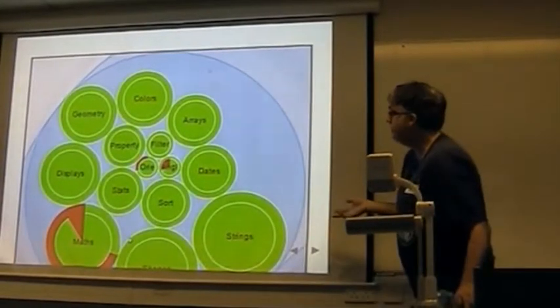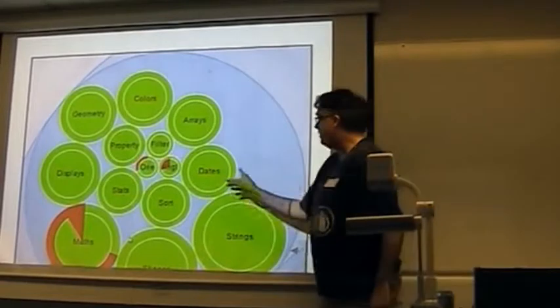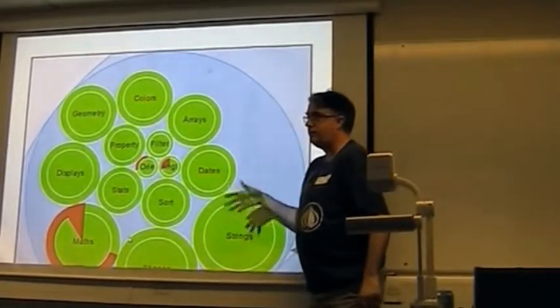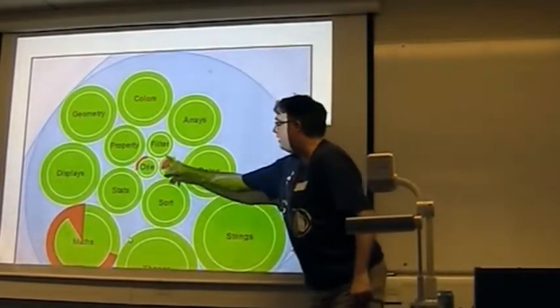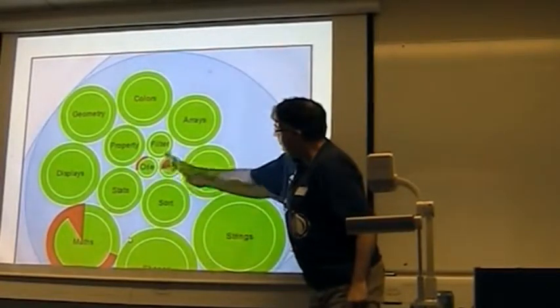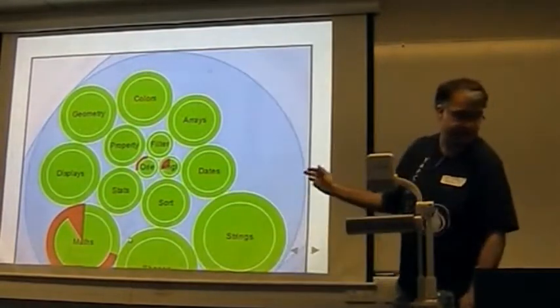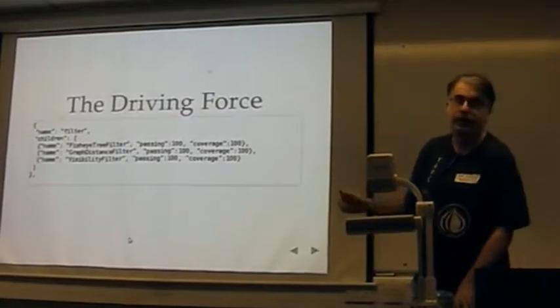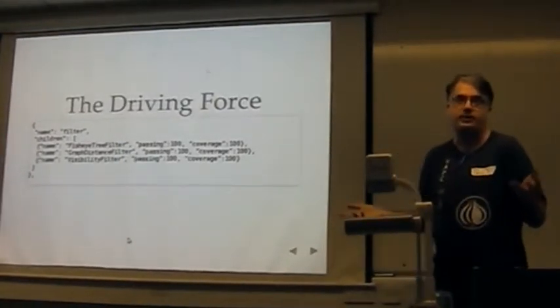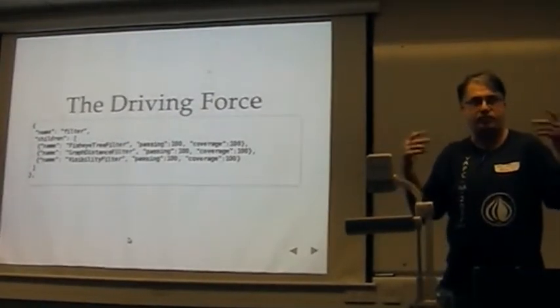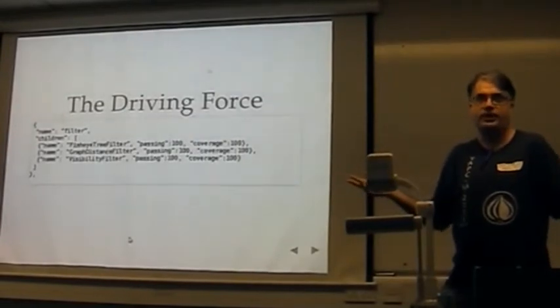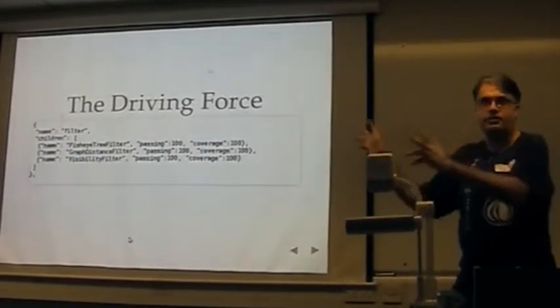Zooming in a little bit more here, you see the borders between the rings and the wedges. Again, it's all driven here by JSON. So whatever test suite you have, as long as it can output JSON, you can use this tool.